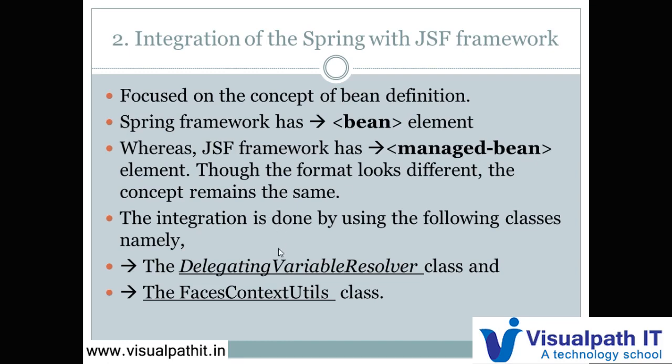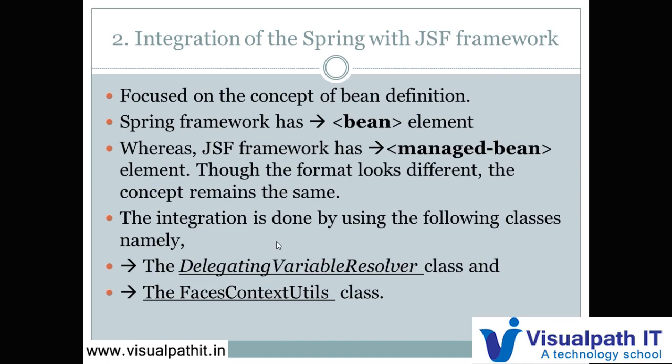So how exactly does that managed bean appear? We will see that. A managed bean will also have a name, a class, and a scope. We will see later how it is done, but for now let's only know that the managed bean also has a name, a class, and a scope. These two are very important.